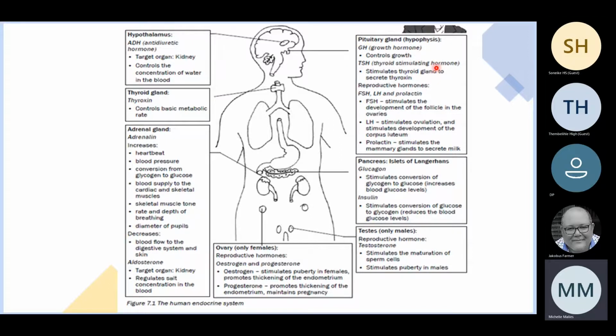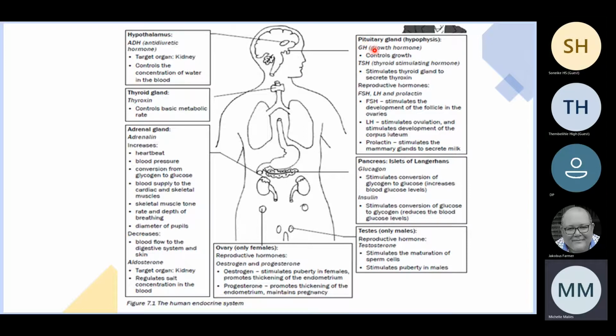A clue, grade 12, most of the time, the hormone tells you its function. So TSH function, it stimulates the thyroid gland to secrete thyroxine. There's the thyroid gland.